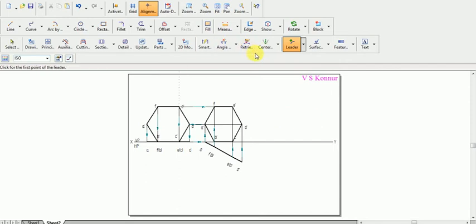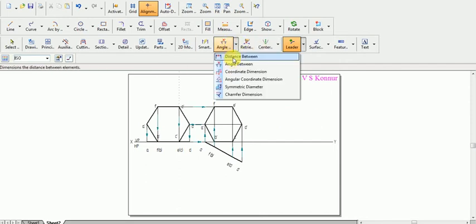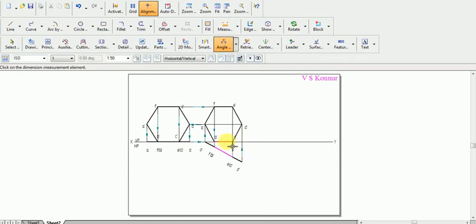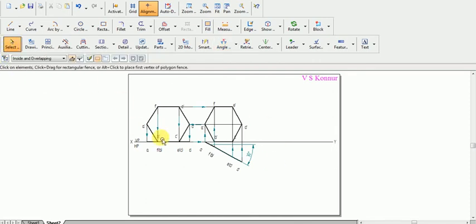We should specify the angle and length. The angle between this and this is 30 degrees. Now we have to draw the 45 degree line.